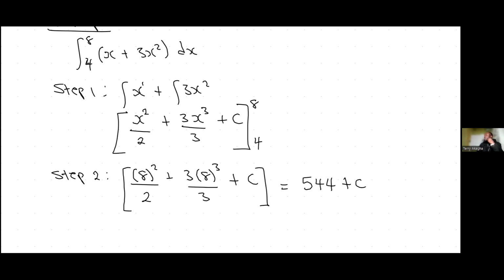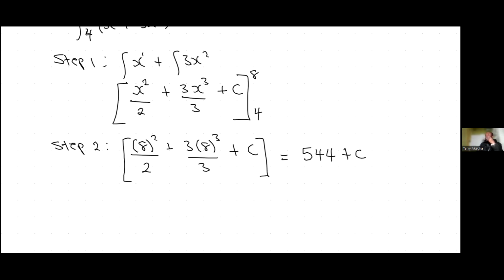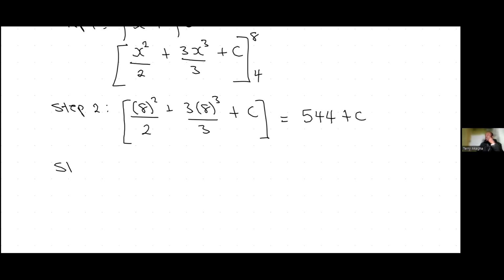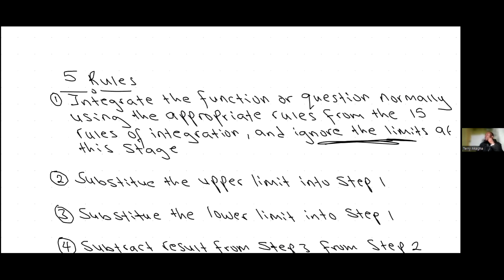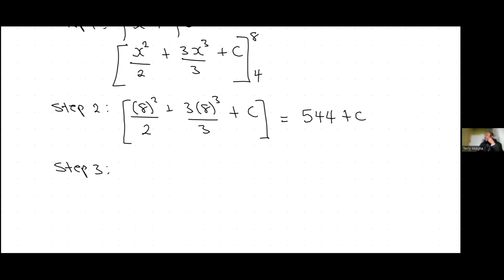Then we go to step 3. What does step 3 say? Step 3 says we then have to substitute the lower limit into step 1. So we're going to substitute the lower limit at this stage, which is 4.